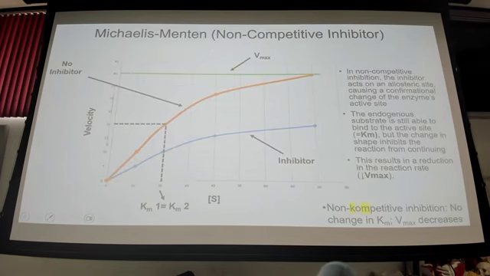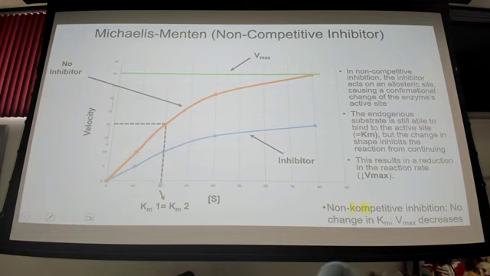And this is non-competitive inhibition, you guys explained that, so you guys are explaining this so wonderfully. In non-competitive inhibition, the inhibitor binds to an allosteric site, it changes the shape of the active site. So the substrate can't bind, but even if it does, the reaction is going to stop.